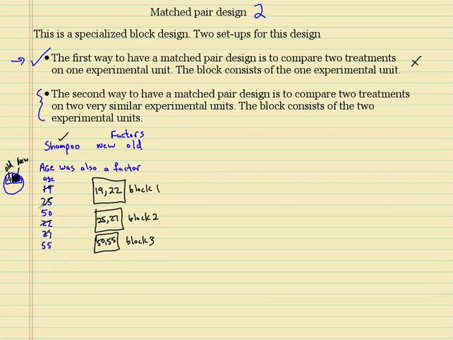Now what we have to do is you have two people in each block. One person's going to get the A and one person's going to get the B. Okay? And you have to randomly assign. Okay? So I'll call this the left and this the right, and I'll say flip a fair coin.